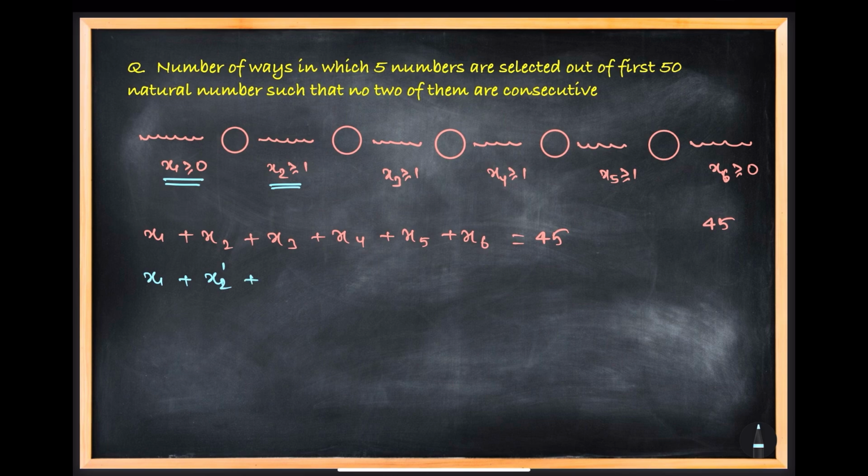Suppose you are distributing 45 samosas among 6 persons. Okay, then is x3 okay? No. To convince it we need 1. Okay, x4 again 1, x5 again 1, x6 is okay.